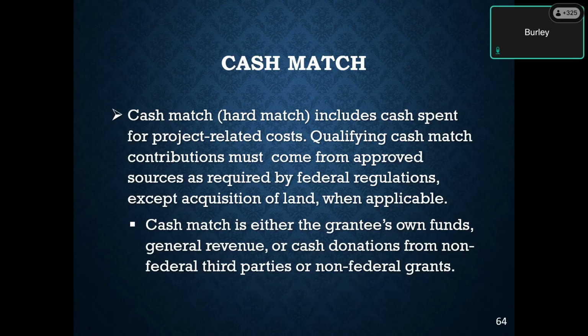In simple terms, cash match is an actual cash contribution to the project, such as the cash expenditures of costs related to the project, or project-related staff salaries, consultant fees, equipment rentals, and travel costs.